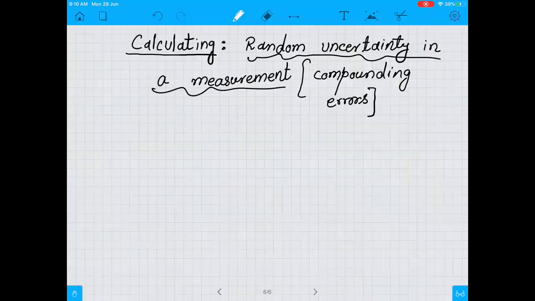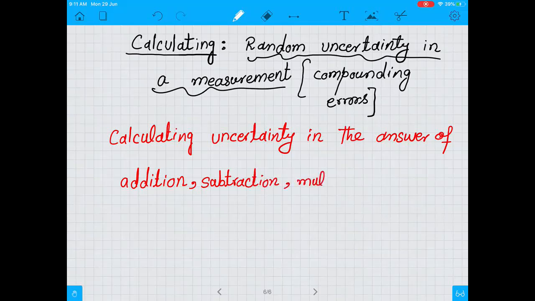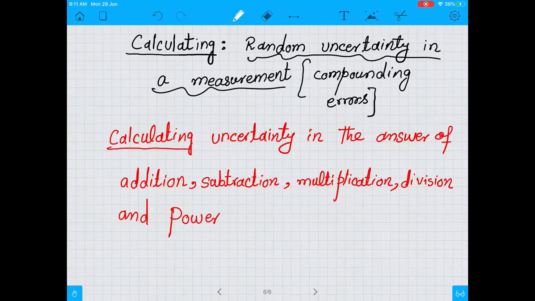Basically, the topic is about calculating uncertainty in the answer of addition, subtraction, multiplication, division, and power.